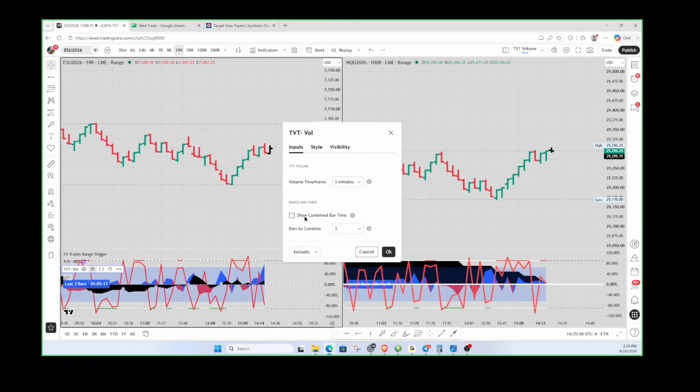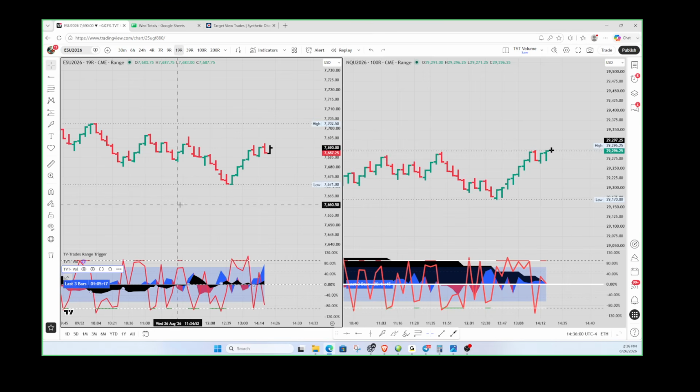You just check this little box right here, and it'll show it for 3 bars or for 4 bars or for 5 bars. You want your longer term volume to be some number bigger than that. And then when you have both volumes, long and short term, on one side, and you have a pullback against that volume, then you want to get in and jump back into the flow of that volume.